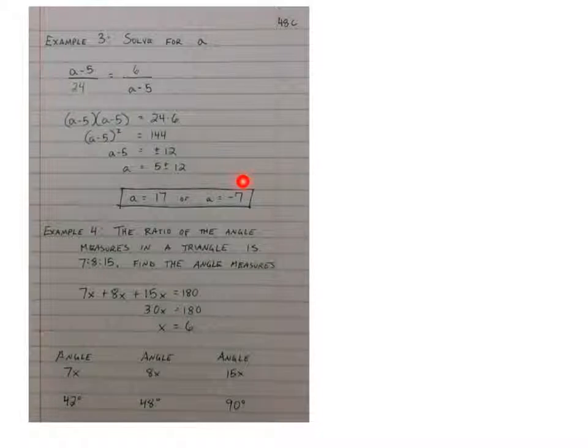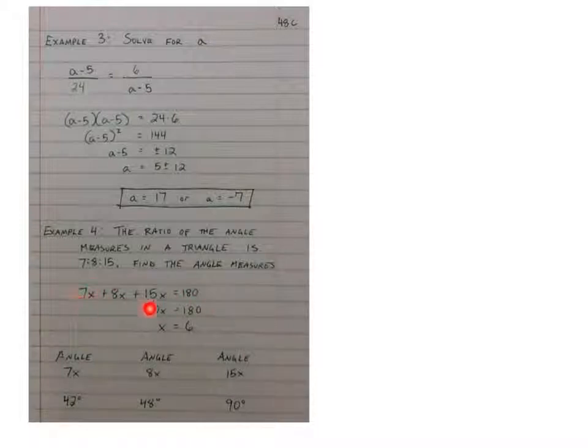Example 4 goes back to ratios, and it says the ratio of the angle measures in a triangle is 7 to 8 to 15. Find the angle measures. So we can set up the problem. We know the angles in a triangle add up to 180, so our ratio of 7 to 8 to 15, we can say 7x plus 8x plus 15x is equal to 180.